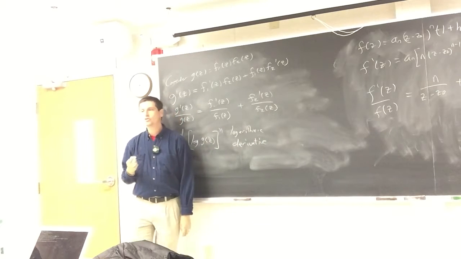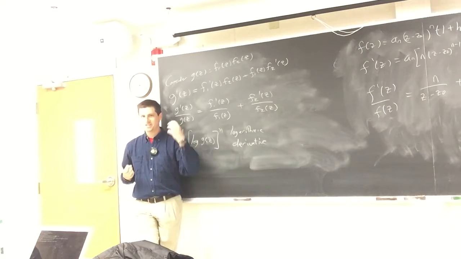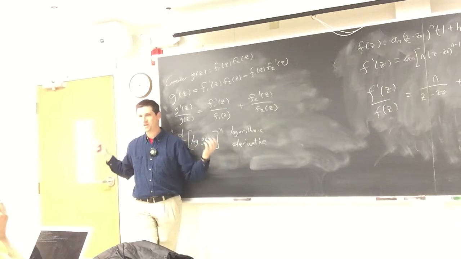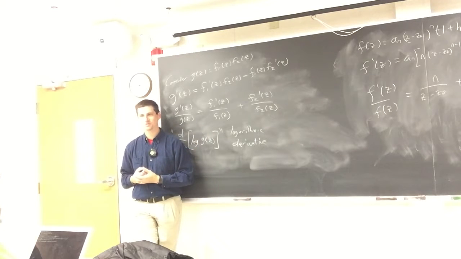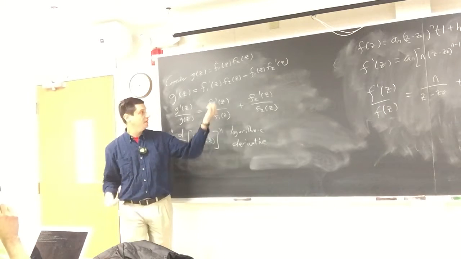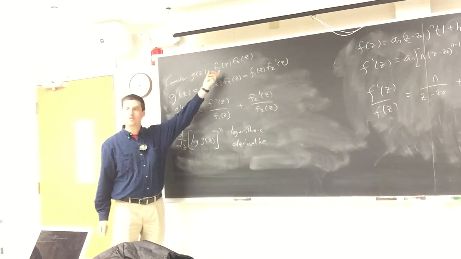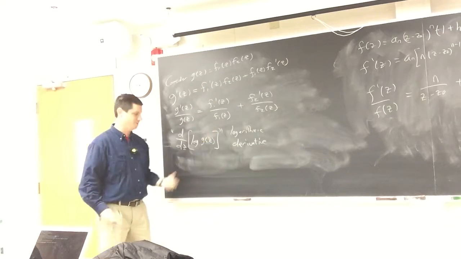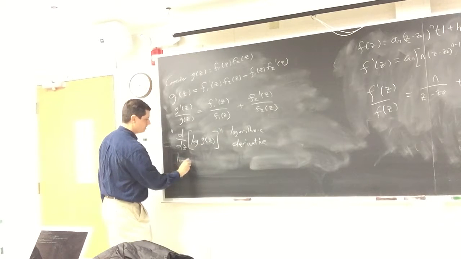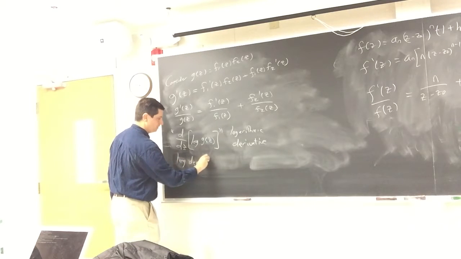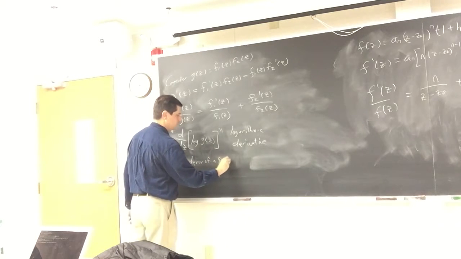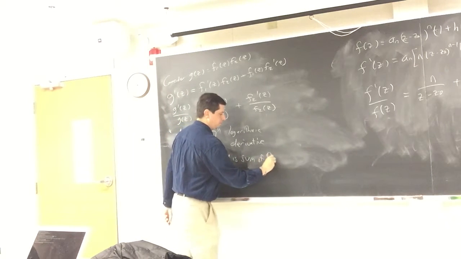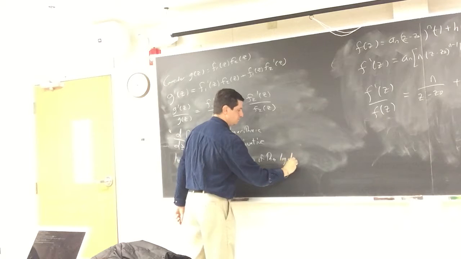If you are ever unsure about what to do in complex analysis, take a logarithmic derivative and do a contour integral. When in doubt, that's a really good thing to do. And what this tells us is the logarithmic derivative of a product is the sum of the logarithmic derivatives.